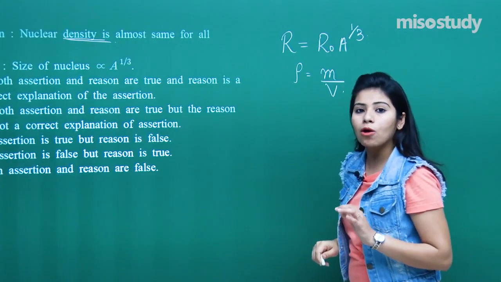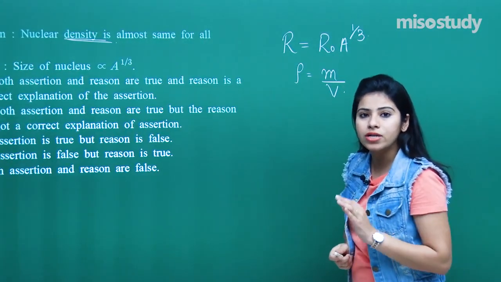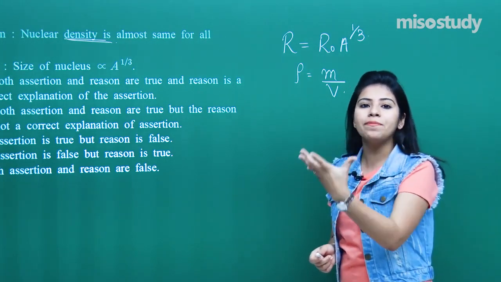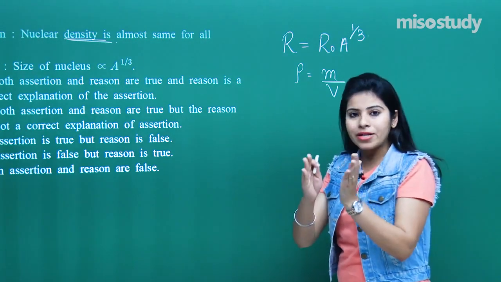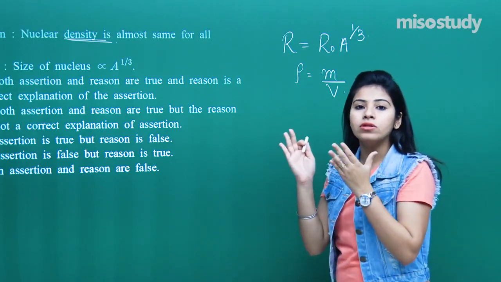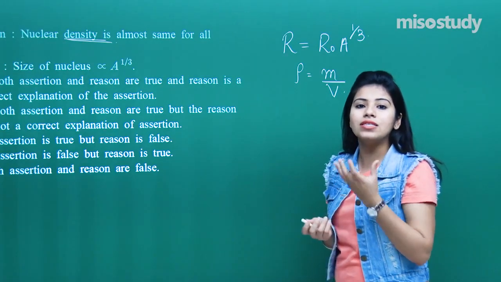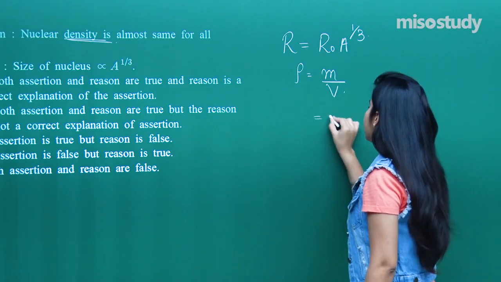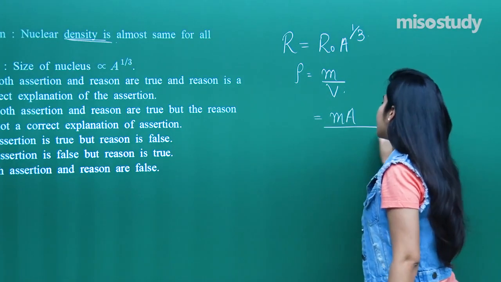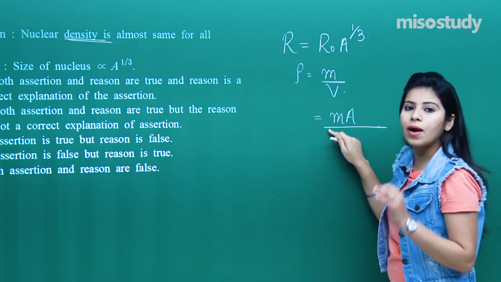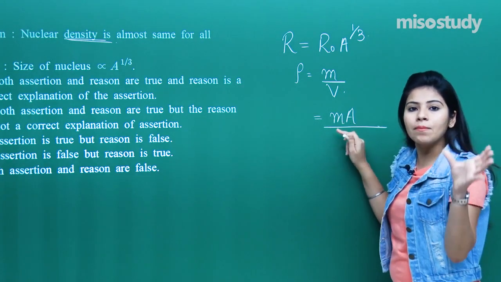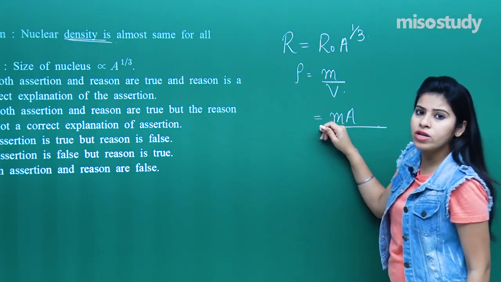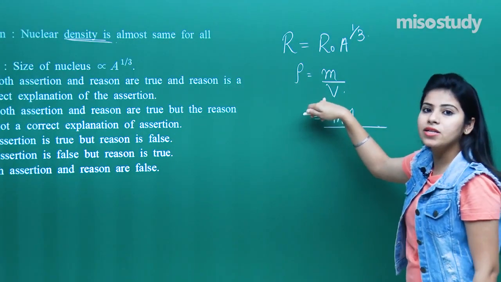And if I talk about the total mass of the nucleus, that would be the mass of one nucleon multiplied by the number of nucleons, that is the mass number. So I will write this mass as m into capital A. That means one mass multiplied by the number of nucleons, right? So this will be the total mass of the nucleus divided by the volume.